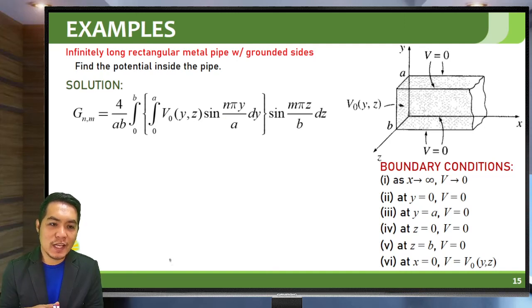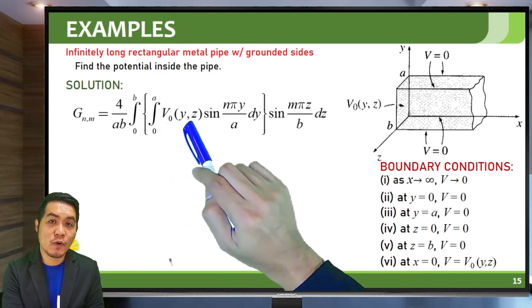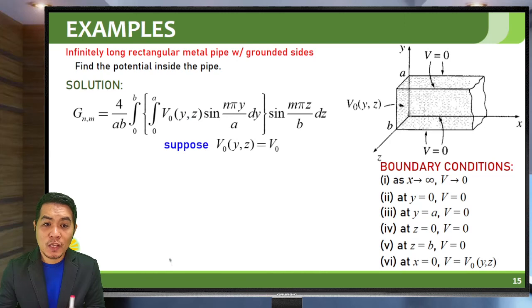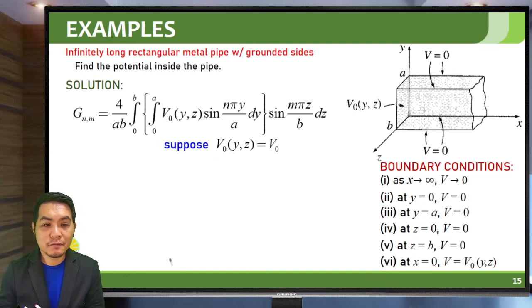So you cannot solve this integral unless this potential function V naught as a function of y and z is specified, in the same manner as our previous problem. So suppose that potential is given and say it's a constant, meaning you can take it out of the integrals.